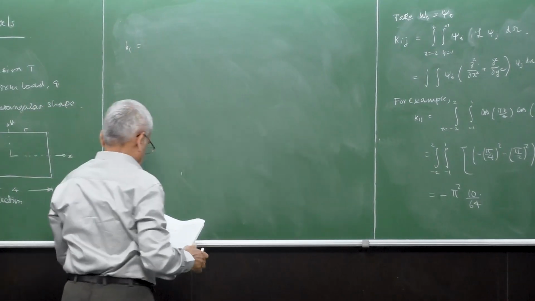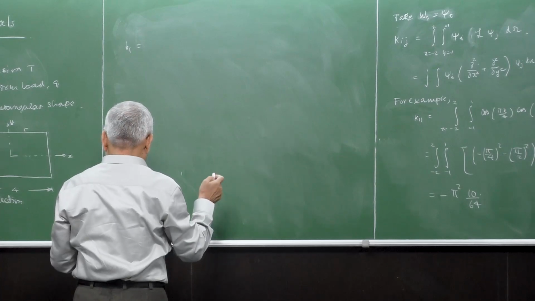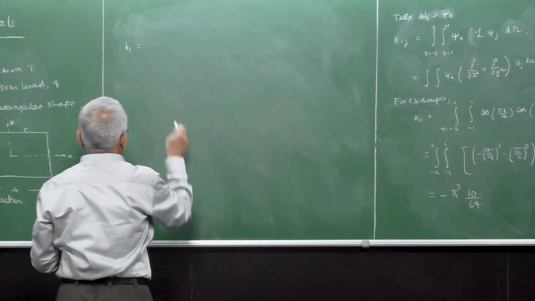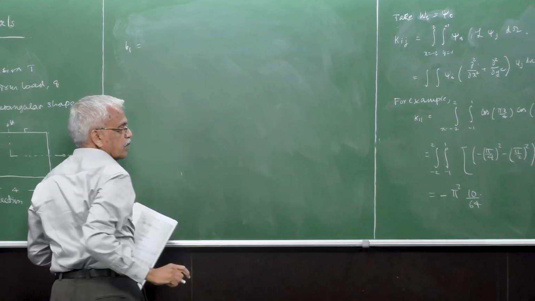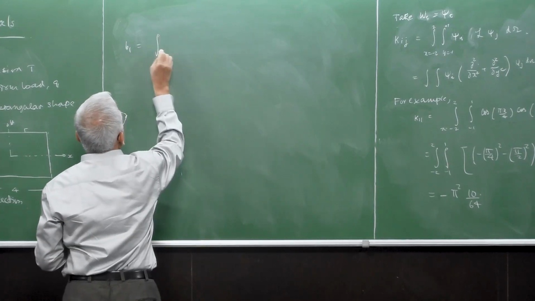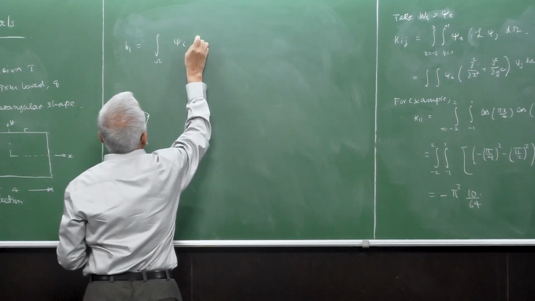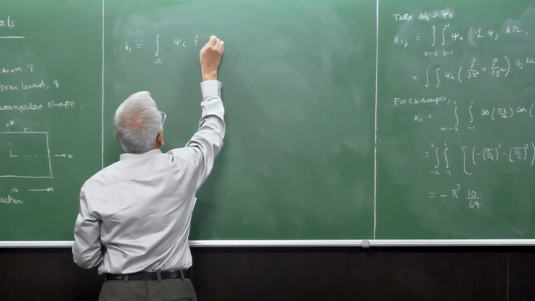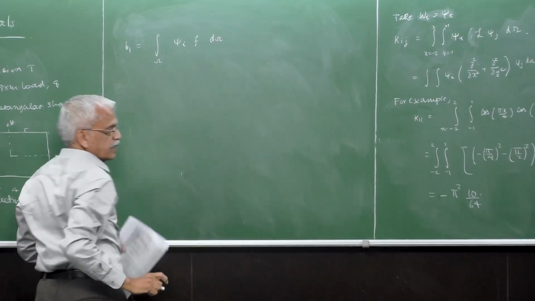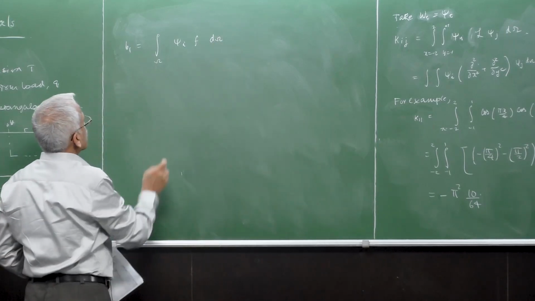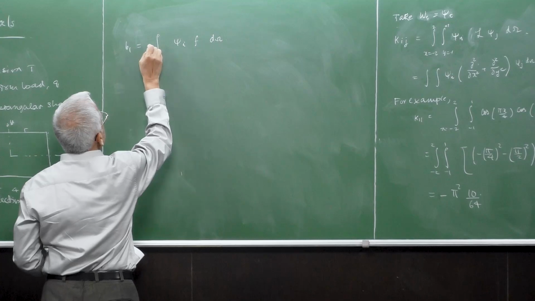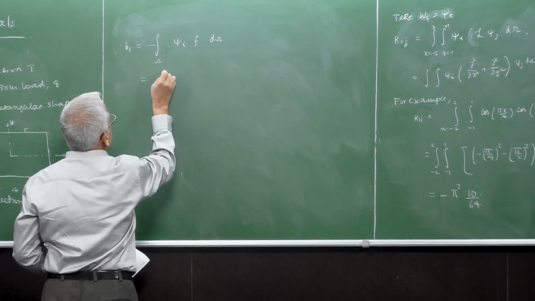Let's also take B1, which is nothing but psi I times f. This is the general equation here. Of course, there's a negative sign because you take it onto the right side.